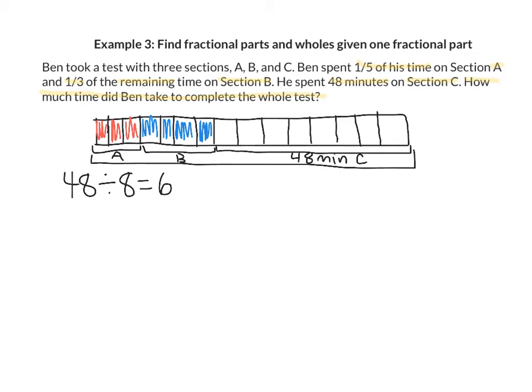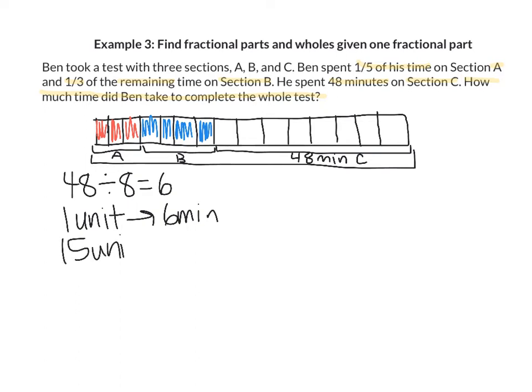We can use that information to help us figure out how long it took for the entire test, because we know that 1 unit is equal to 6 minutes, and we have 15 units in our model.